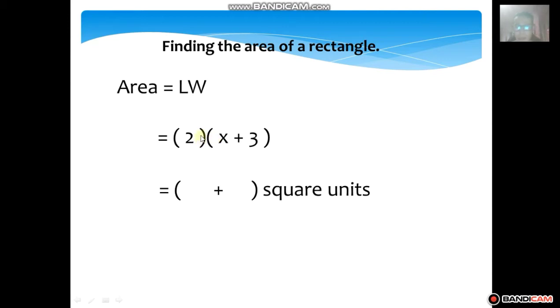Alright. By applying the distributive property of multiplication, we will be able to obtain the product. If we multiply 2 and x, we obtain 2x. Then multiply 2 and 3, we obtain 6. So this is now the area of the rectangle: 2x plus 6 square units.